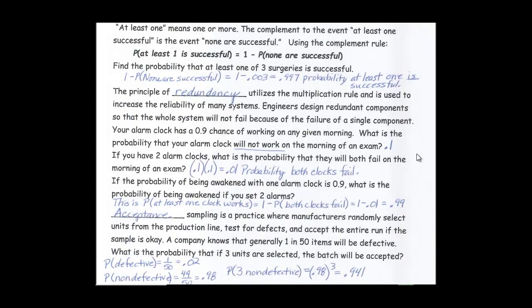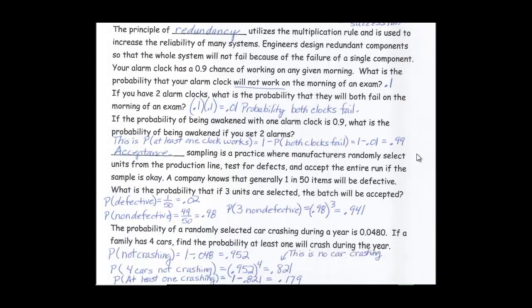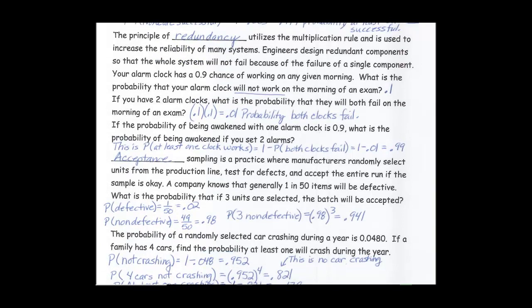Okay, the next part, we're going to take a look at redundancy. That's a concept that comes into play in different electrical systems or any kind of design systems. Engineers design redundant components so that the whole system will not fail because of the failure of a single component.